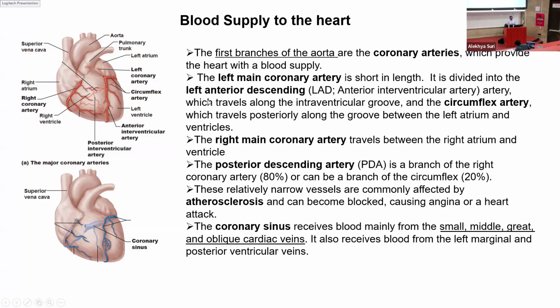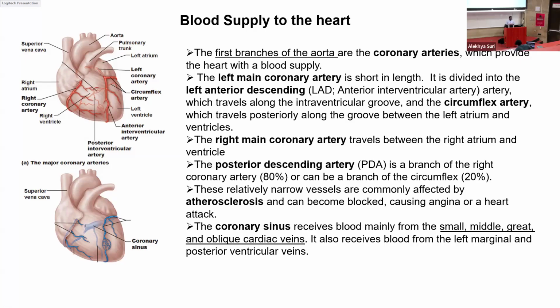So basically, the left main coronary artery supplies blood to the left part of the myocardium. The right main coronary artery travels between the right atrium and the ventricle and takes care of the right part of the heart. Similar to the left main coronary artery, the right main coronary artery gives rise to the posterior descending artery. It's called PDA.